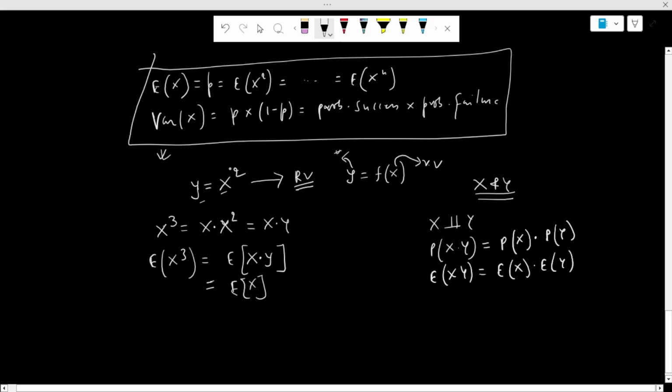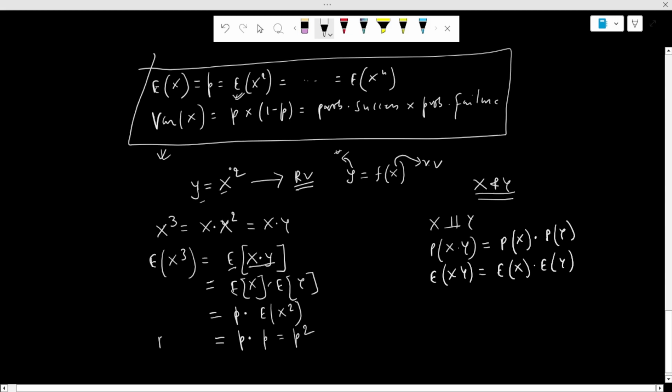If they are independent, then the expectation of the product should be equal to the product of the expectations. The expectation of x, in the case of a Bernoulli random variable, is p, and the expectation of y, which is the expectation of x squared, is also equal to p. We have already seen this. So this should be equal to p squared.